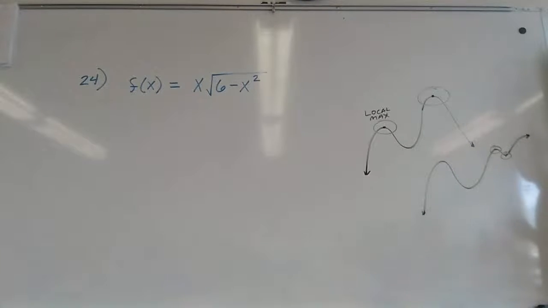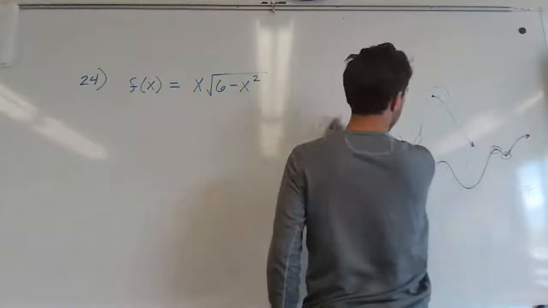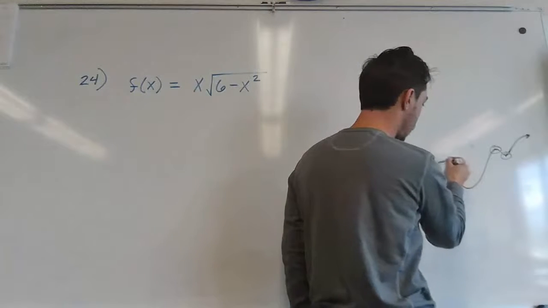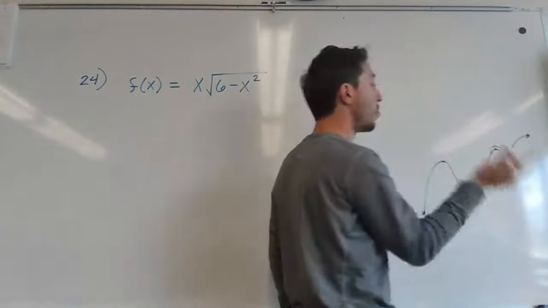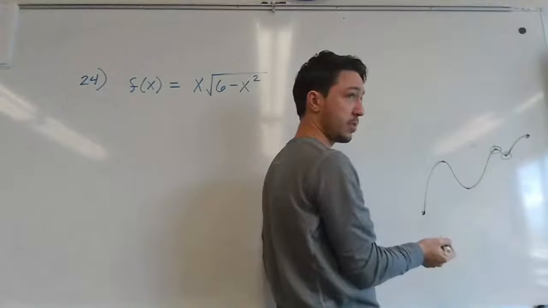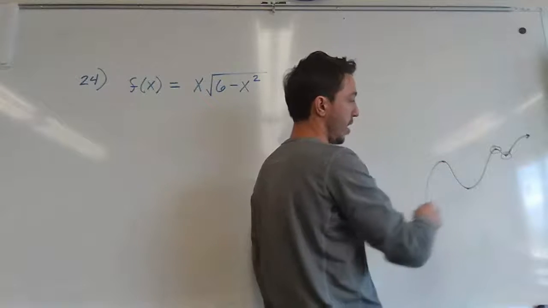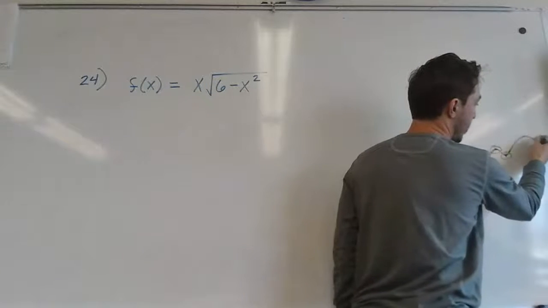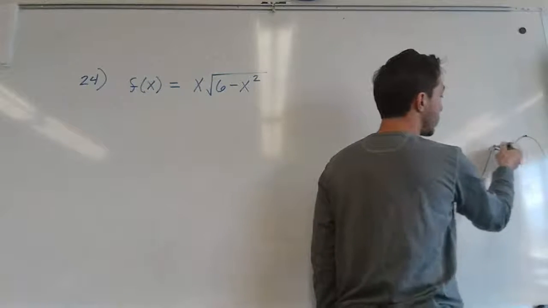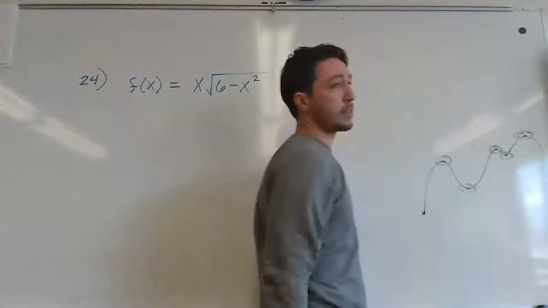This graph specifically has 2 local maxes, 2 local mins, no global because it goes to infinity. Now, if I take this guy and make him approach negative infinity, now there's 3 local maxes, 2 local mins, and also a global max.